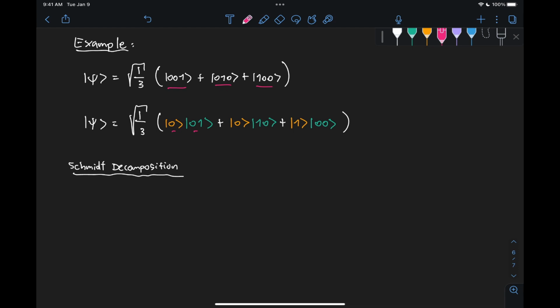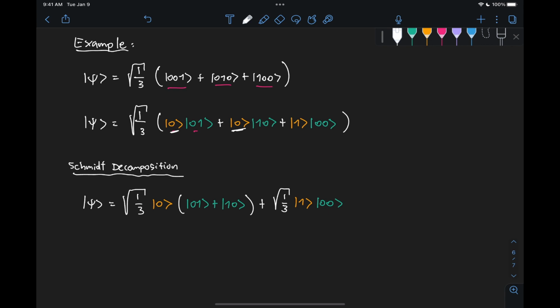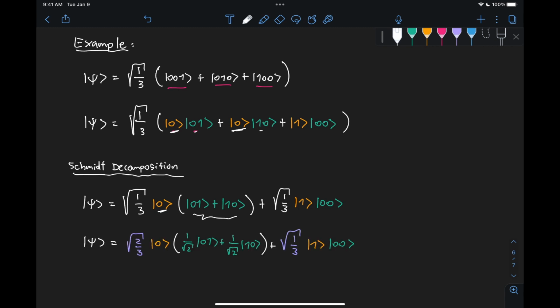So if we were to perform the Schmidt decomposition of this state, the first thing we would do if we were going to do it by inspection is, well, we start factorizing things, right? So this 0 right here is common to these two terms, so we can factor it out. And then the next step that we could do is, if we want to normalize this state on subsystem B, we can basically add a 1 over root 2 to each of these, right?